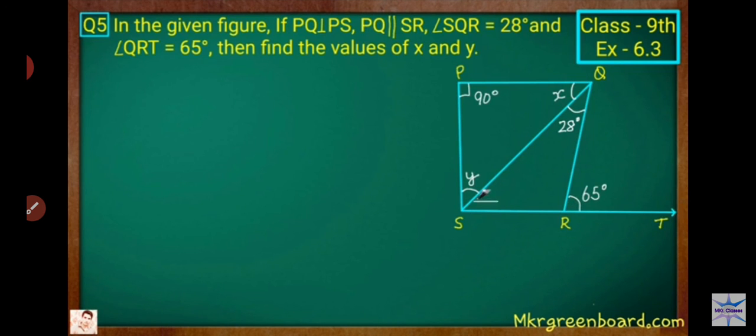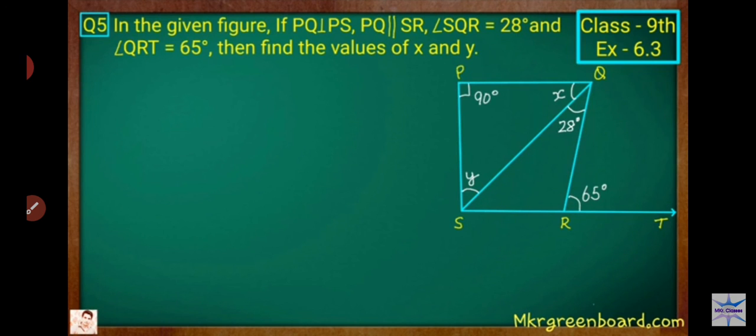Now if we see, this is your 65 degree, so this full angle, if we talk about PQ, is equal to 65 degree, because alternate interior angles are equal. QR is a transversal of PQ and ST, then X plus 28 is equal to 65.